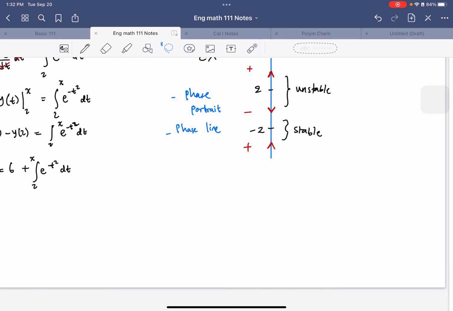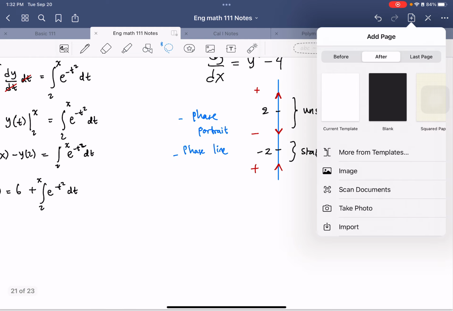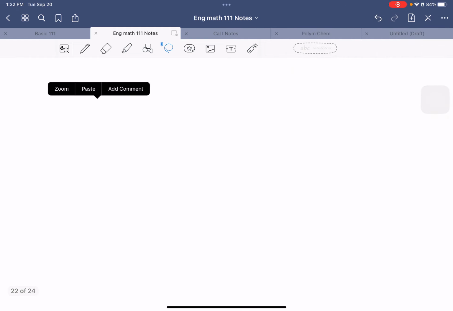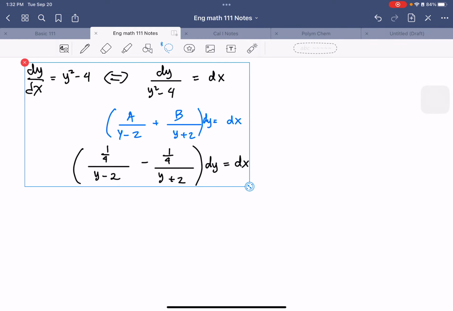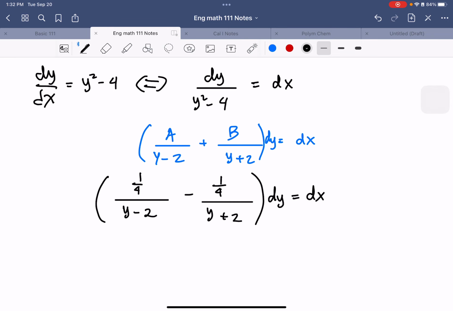Okay, I think we can just cut. There. Paste. Okay. And then we take the integrals. What the integral is doing here is we are going to integrate each of these fractions, right?